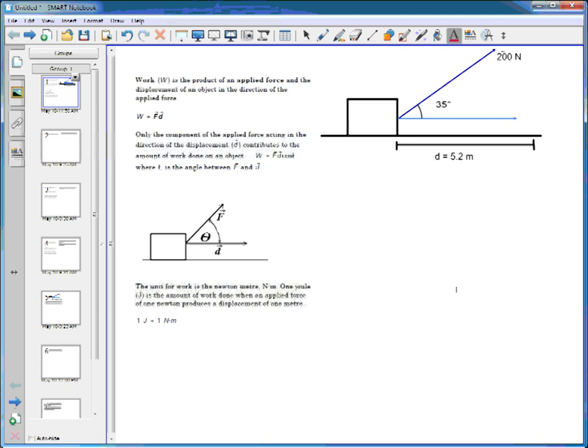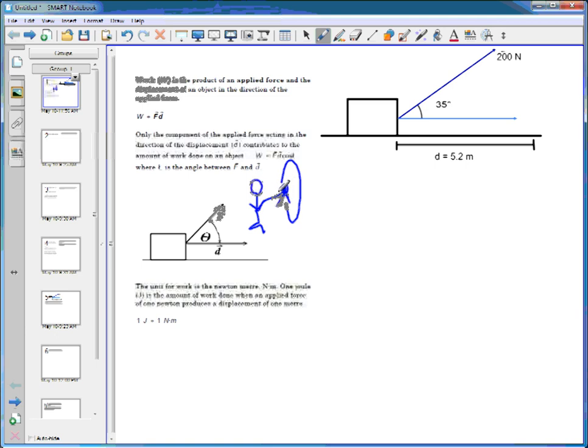So there are a couple examples where even though a force is applied to an object and an object is moving, there's no actual work being done. One example would be if we have a man standing here and he's got a string, and on the end of the string there's a ball, and that ball is whirling around in a circle.